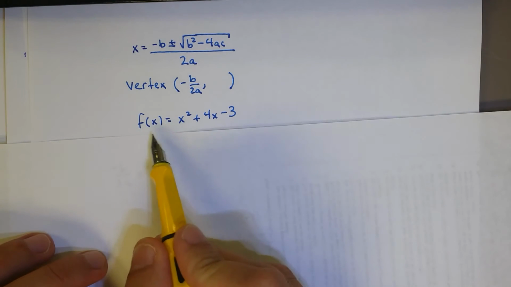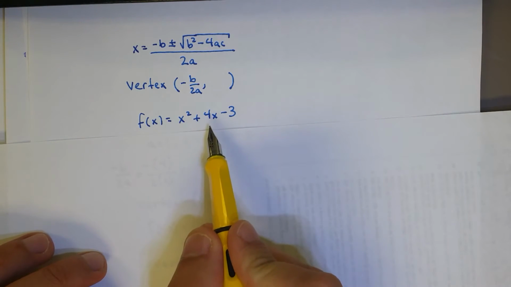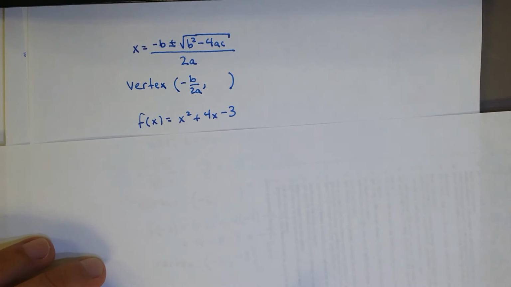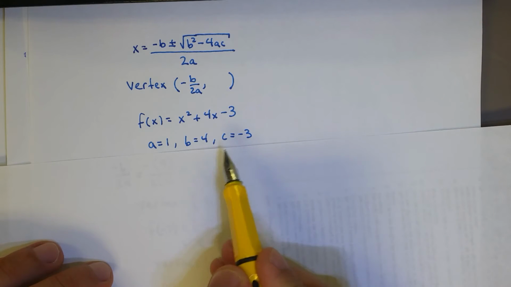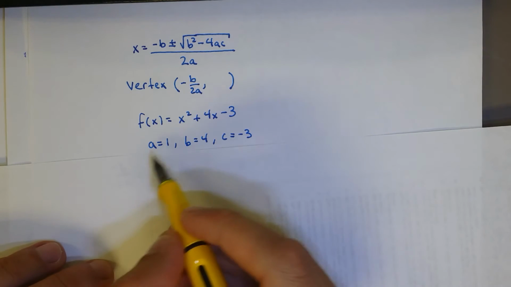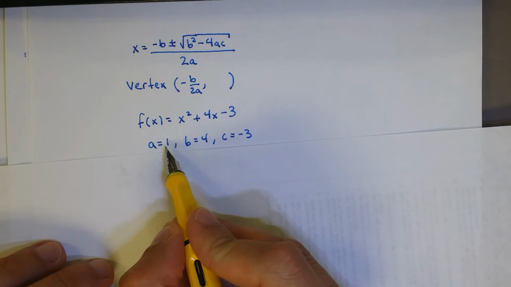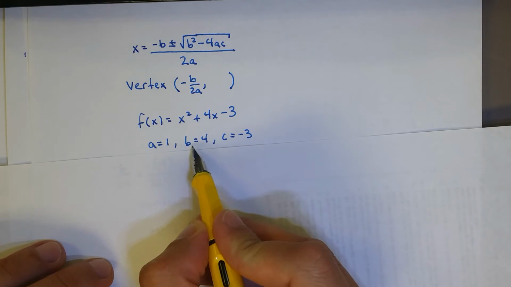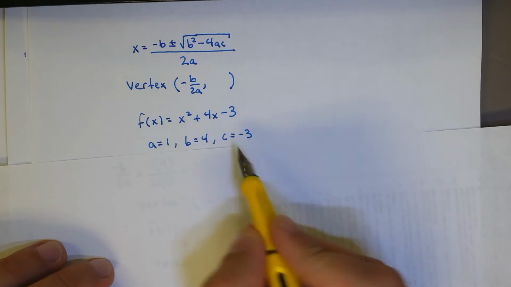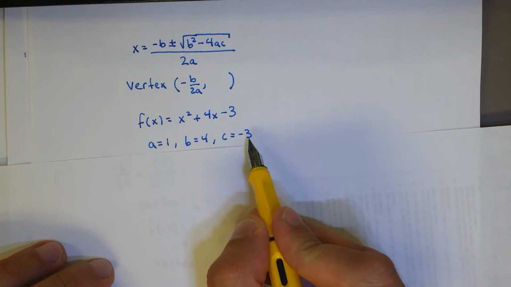So I've got f(x) equals x squared plus 4x minus 3. I'm going to identify my a, b, and c, and I found that the coefficient a is 1, the coefficient b is 4, and the constant term c is -3.